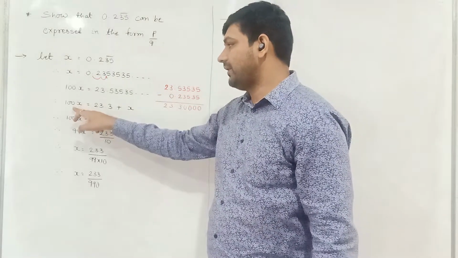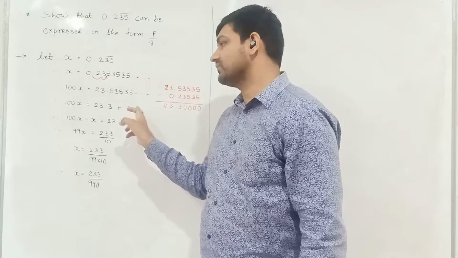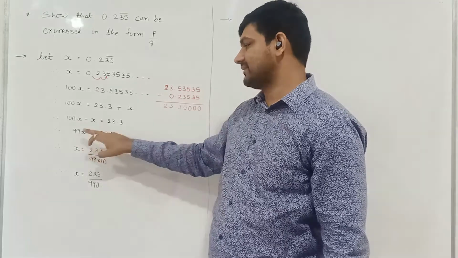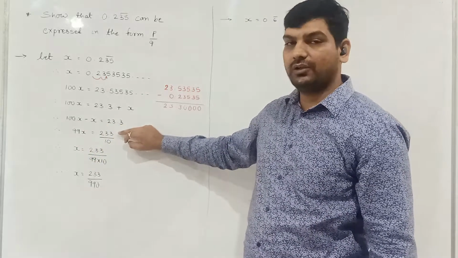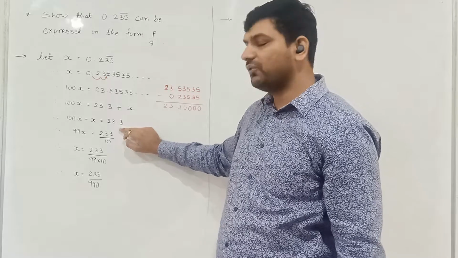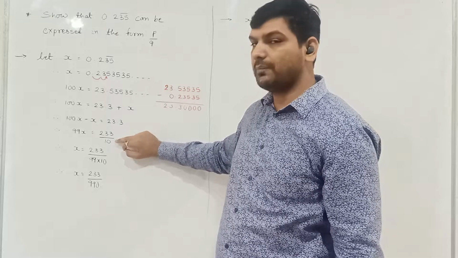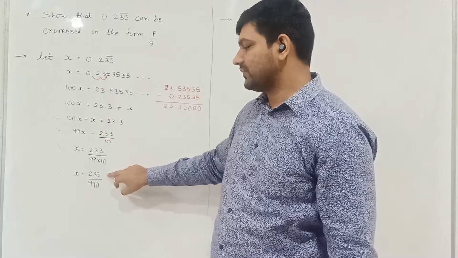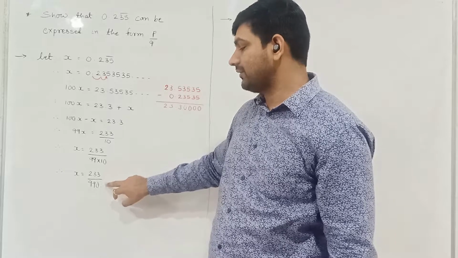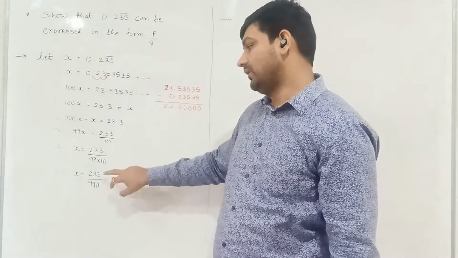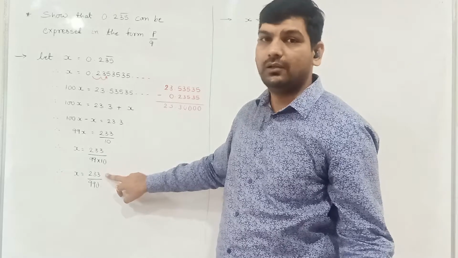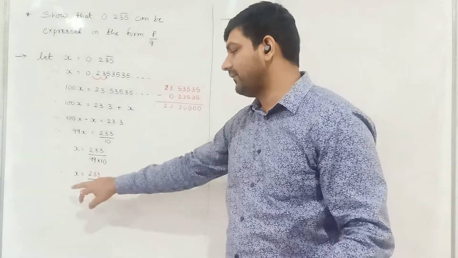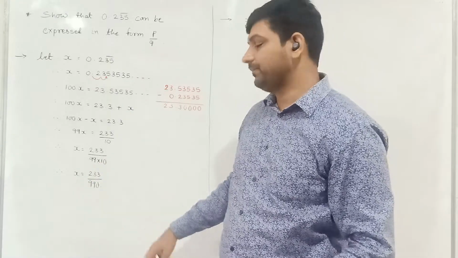And 100x, this x goes to the left side, 100x minus x becomes 99x. And 35, so 99x is equal to 35, and x is equal to 35 by 99, which cannot be cancelled further. So finally we get the value in p by q form.